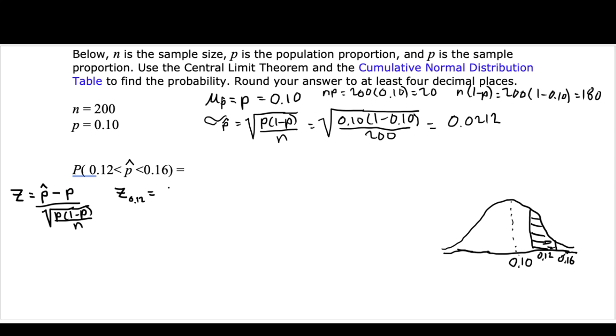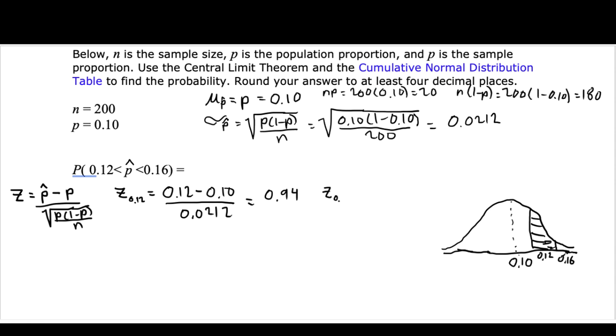So the sample proportion is 0.12, p is 0.10, and the standard deviation I calculated separately up here, 0.0212, and that equals 0.94.